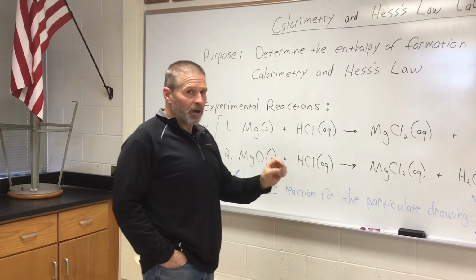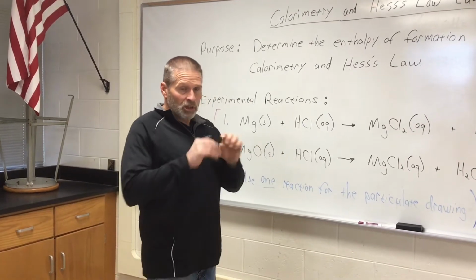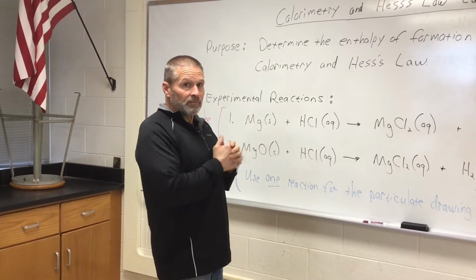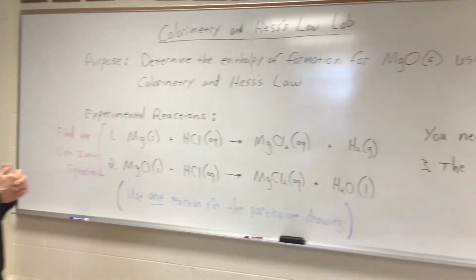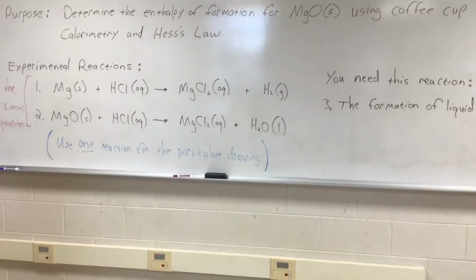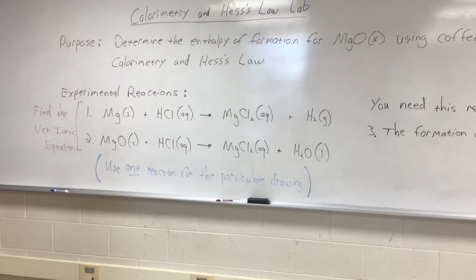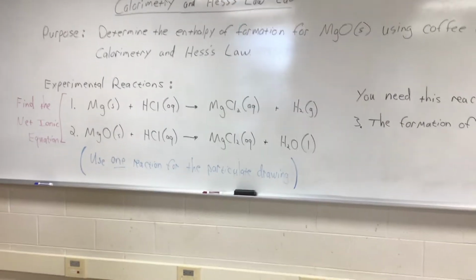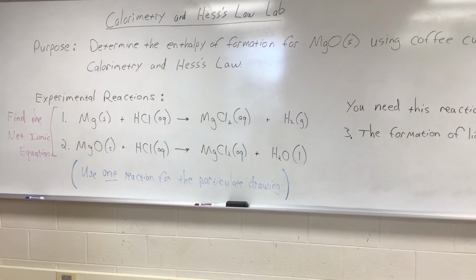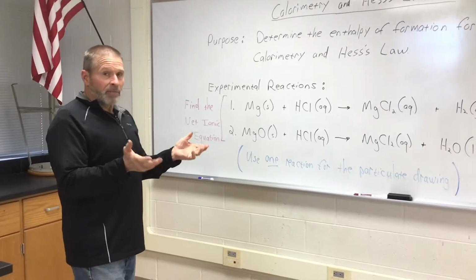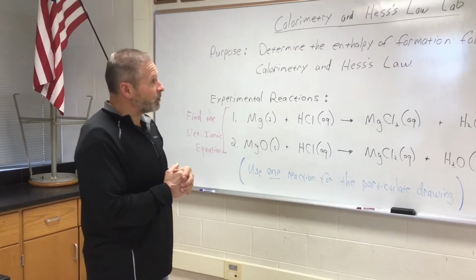So you have to think about that definition when you're trying to come up with this equation. Notice we're not giving you the target equation for our Hess's law solution. You've got to come up with it. But think about the definition, and you can see what that equation is going to be.